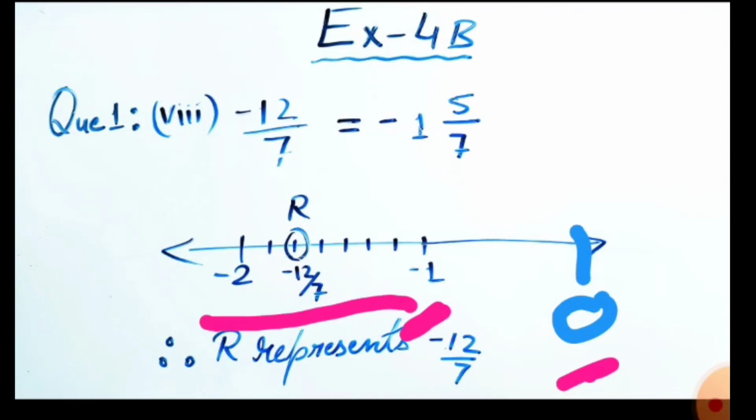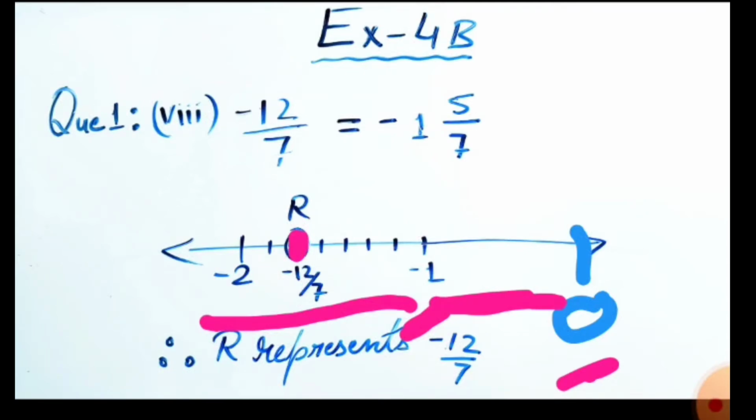This is the 1 unit and this is the next unit. So from here, from the second unit we'll divide it into 7 parts. We can see here 1 2 3 4 5 6 7. Okay, now these are 7 parts, so we'll take the fifth part. It is 5 by 7.